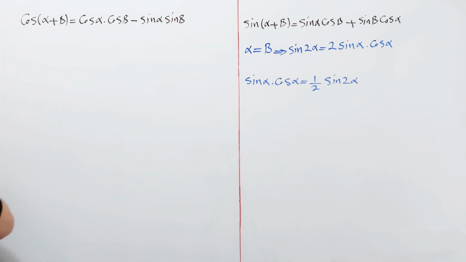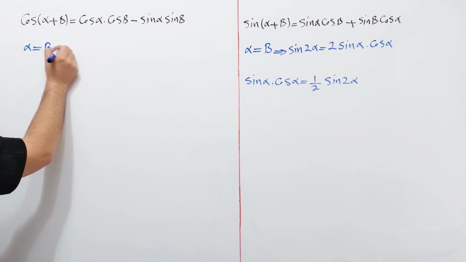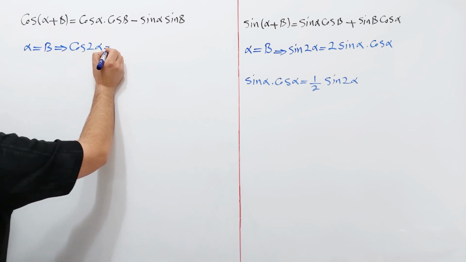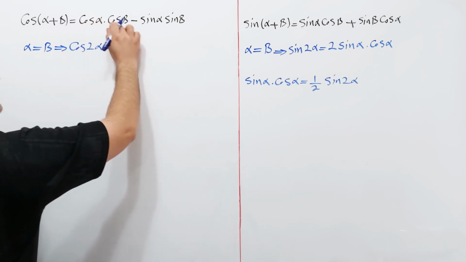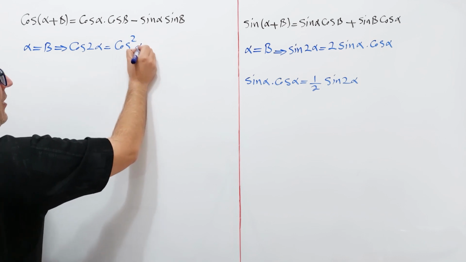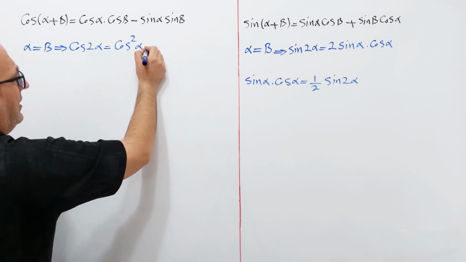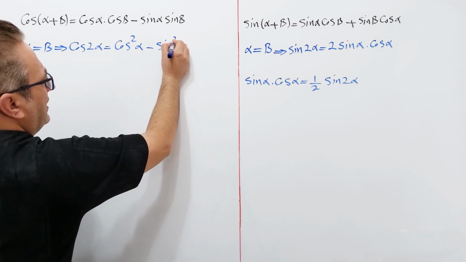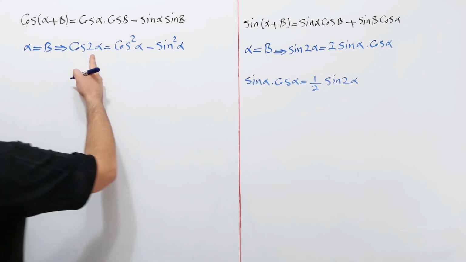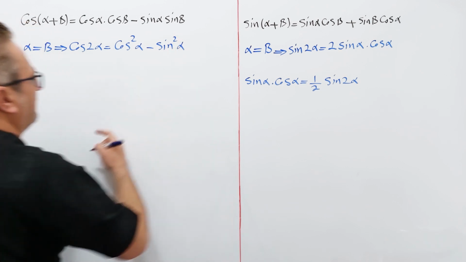So, if alpha is equal to beta, we have cosine 2 alpha is equal to cosine alpha times cosine alpha, which is cosine squared alpha, minus sine alpha times sine alpha, which is sine squared alpha. Okay? So, cosine 2 alpha is equal to cosine squared alpha minus sine squared alpha.